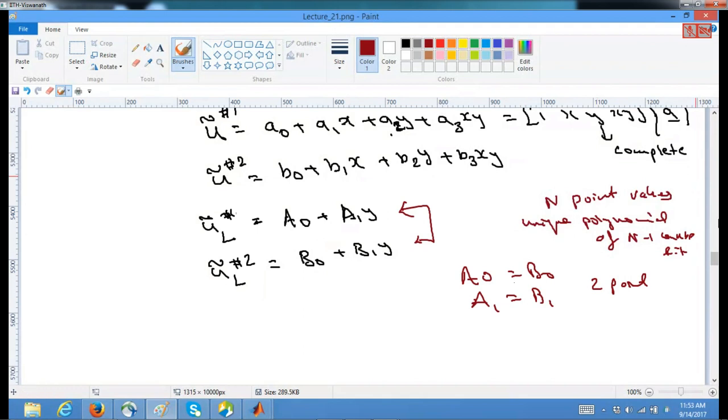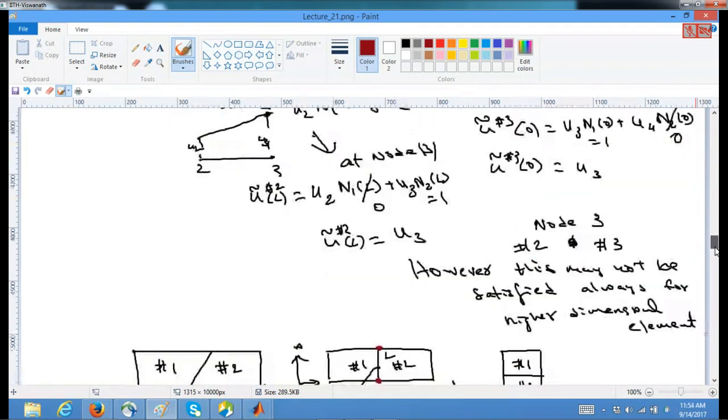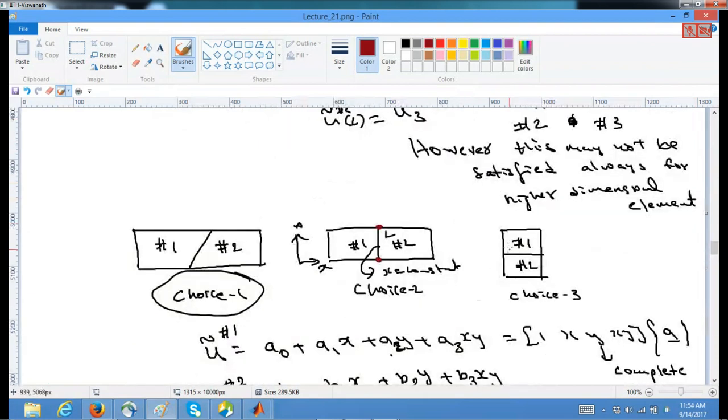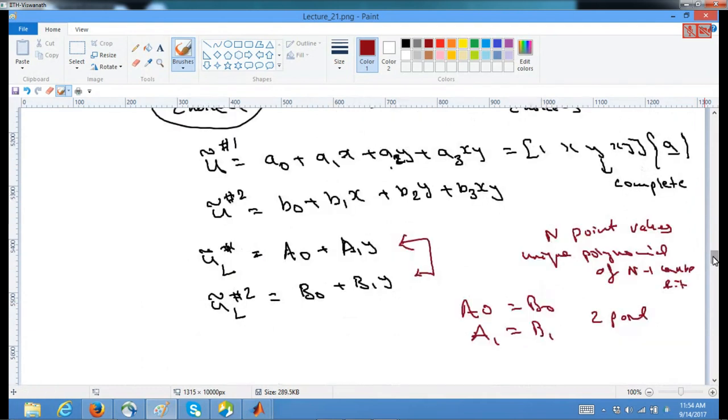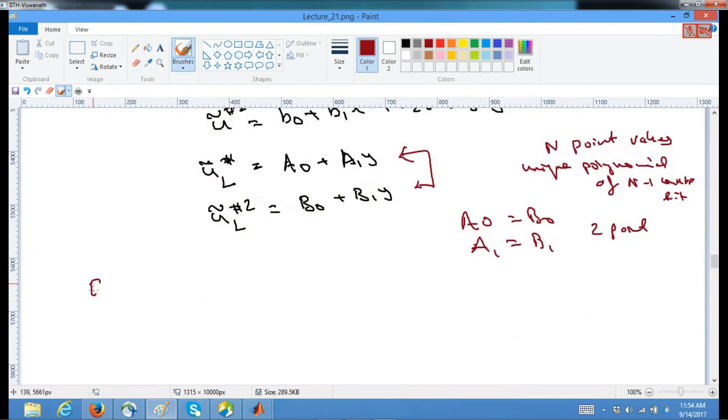Similarly, if I solve this along the line L, I can show this for choice 2. So similarly, for choice 3, u tilde of element 1 along the line will be something like a naught plus a1 times x.